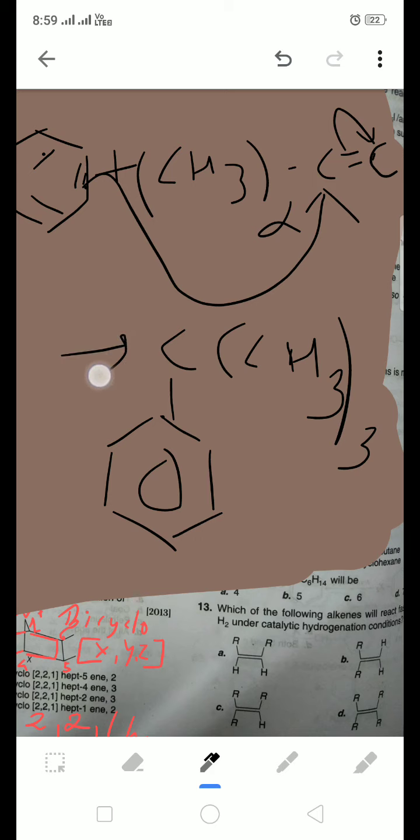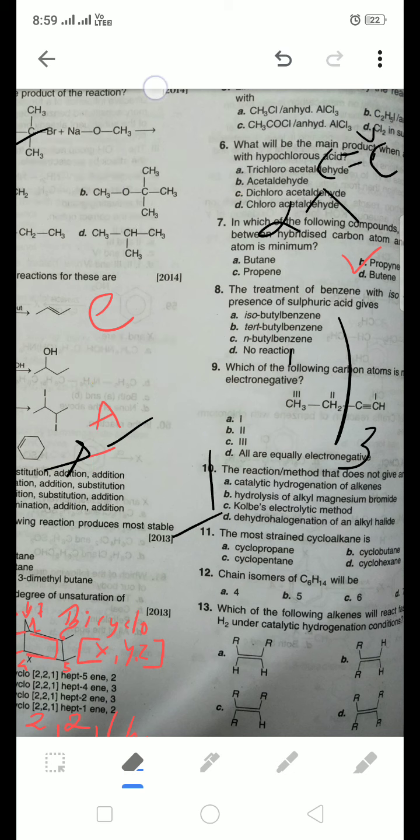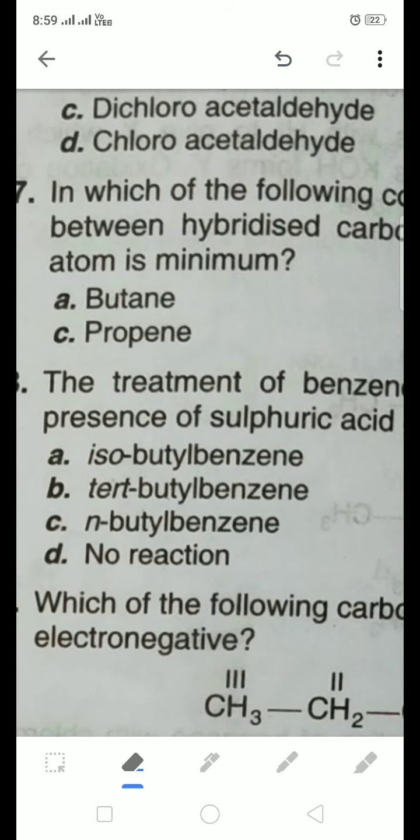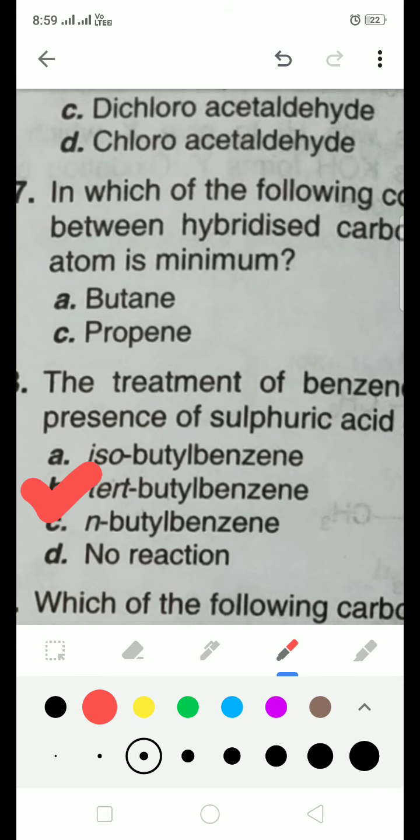This is tert-butyl and this is benzene. So our final answer will be tert-butylbenzene.